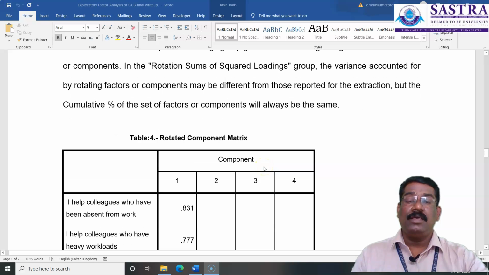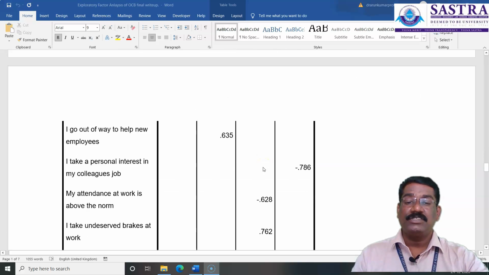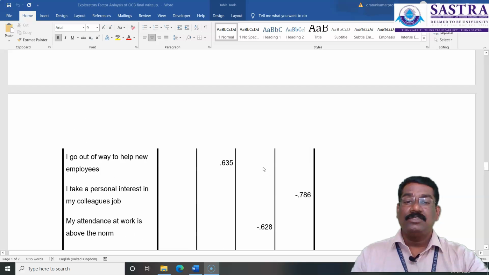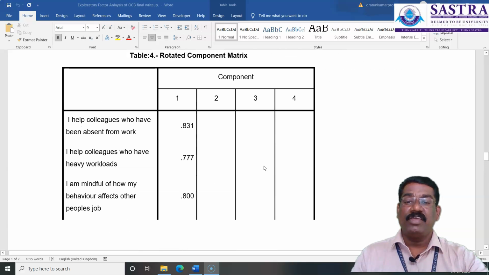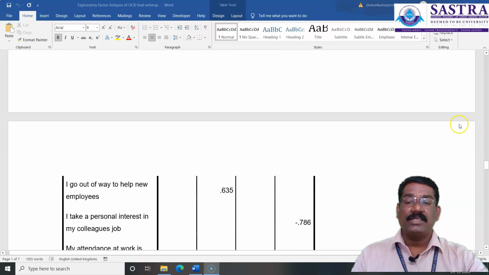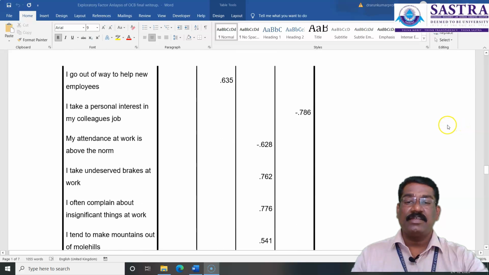So if you look at the rotated component matrix, the first variable, as we explained, is I help colleagues who have been absent from work. So all these, I help colleagues who have heavy workload, I am mindful of how my behavior affects other colleagues' jobs, have been loaded in the first factor.